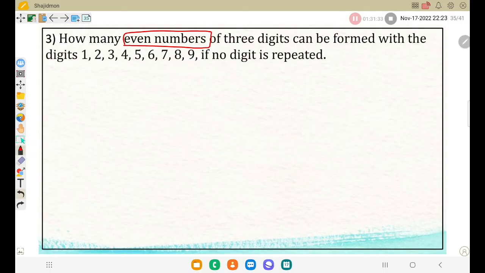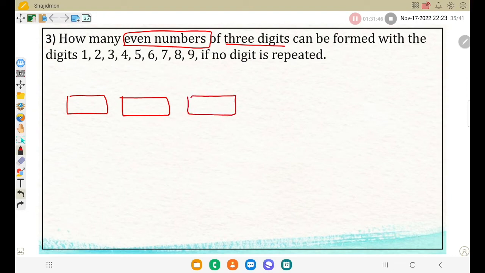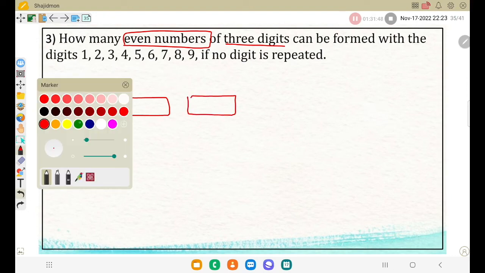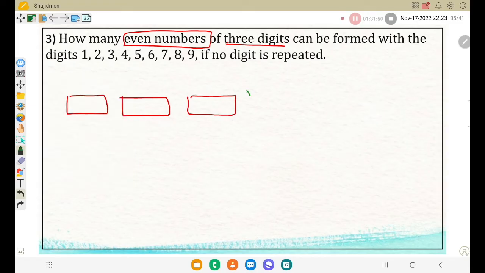Now think about this question. How many even numbers of 3 digits? So for example, first digit, second digit, third digit, 3 digits, and it should be an even number. Even number means, think about the last digit possibility. What are the possible digits for the last place, because it should be even?